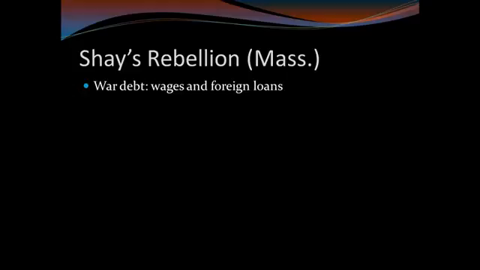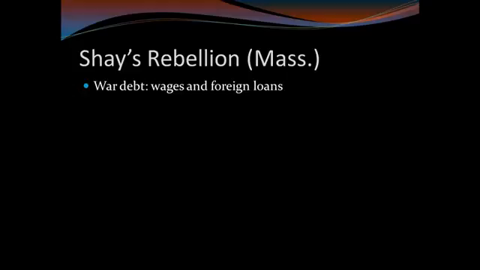They didn't have an army. So Shays' Rebellion made it clear that the federal government didn't have the ability to stop a rebellion, to defend, right, the United States against these kinds of things.